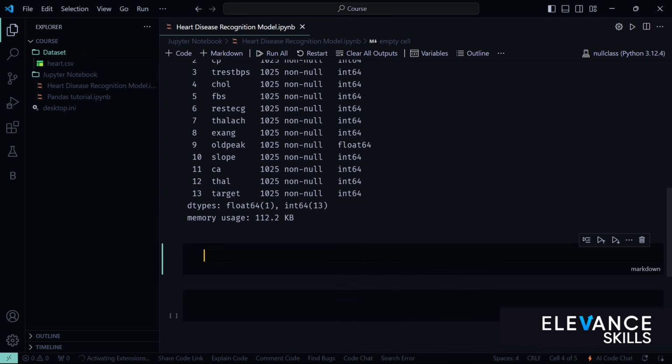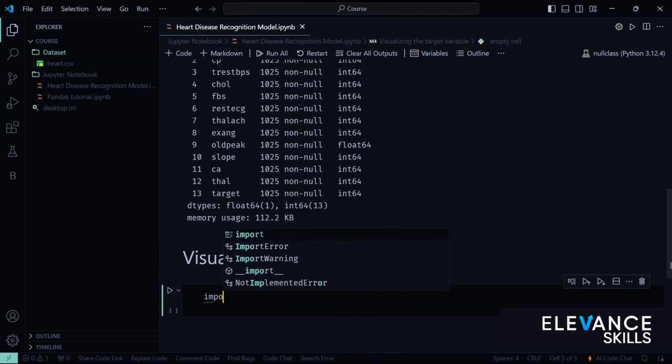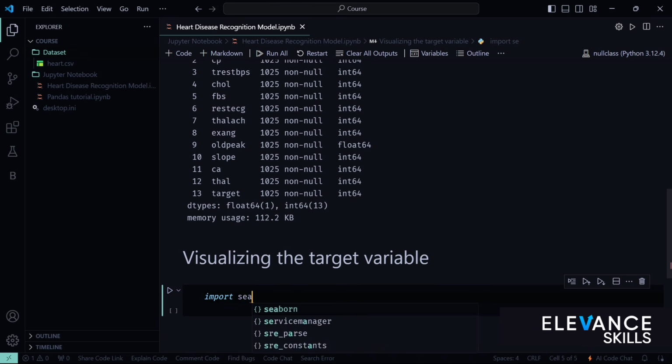Next, let's focus on understanding our target variable. The target variable is what we're trying to predict, in this case, whether or not a patient has heart disease. Here I'm using Seaborn, a statistical data visualization library, along with Matplotlib to create a count plot.